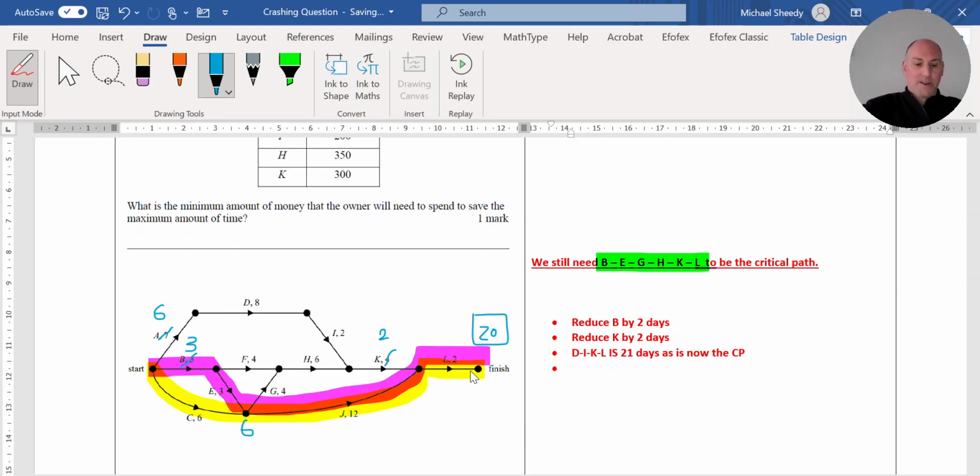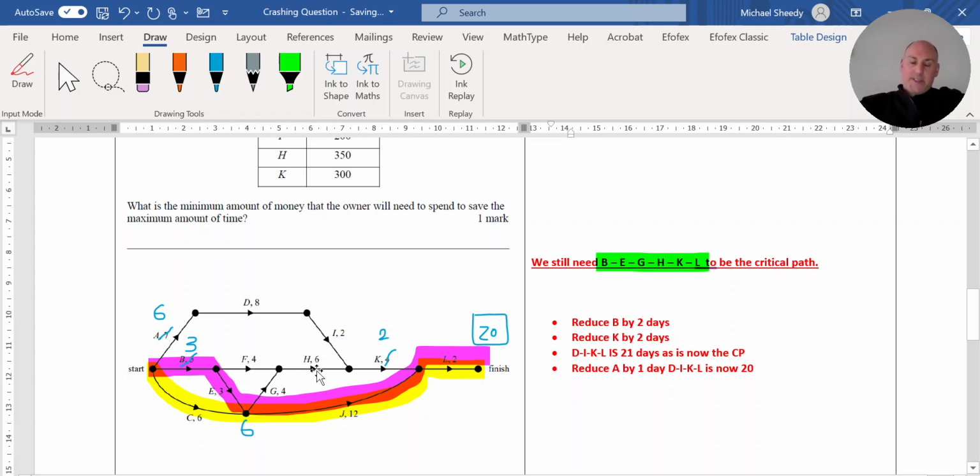So once I reduce A by 1 day, that path along the top, DIKL, is now 20, and that was my aim. Okay, it's now 20, so there are lots of critical paths in this.